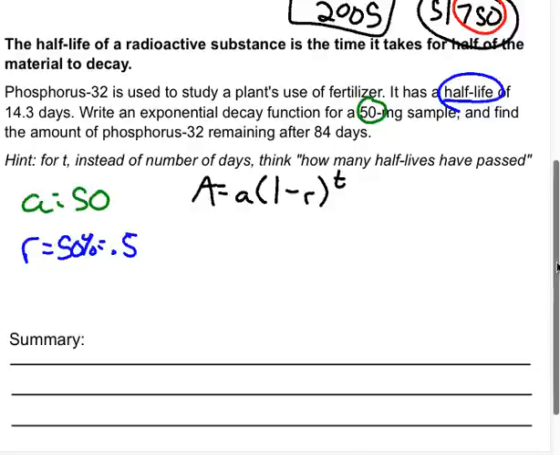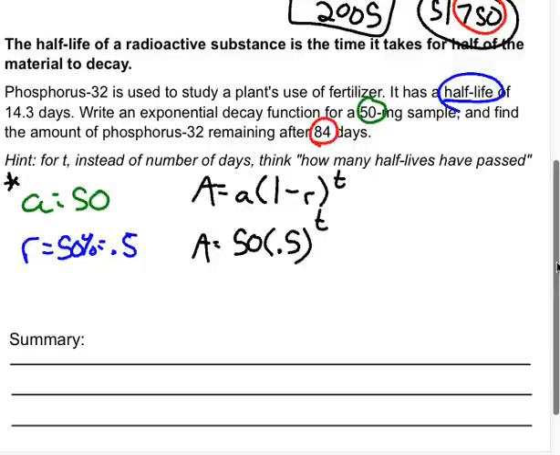So our equation is going to look like this. We're starting with 50, 1 minus 0.5, obviously our rate that's remaining is going to be 0.5. Now, the time is a little bit trickier here, and I gave you a little hint for how to deal with that. So for t, instead of using the number of days, so you don't want to put 84 days in there, you want to think about how many half-lives have passed.